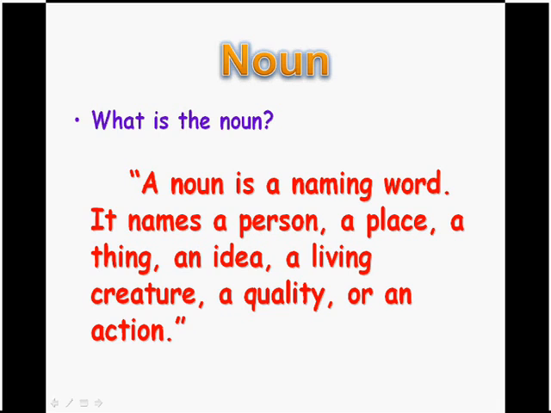A living creature can be like a dog or a man or something. Okay, so these we call nouns. This is the definition of a noun. It names a person, a place, a thing, an idea, a living creature, a quality, or an action.